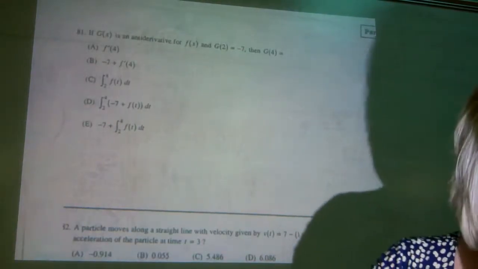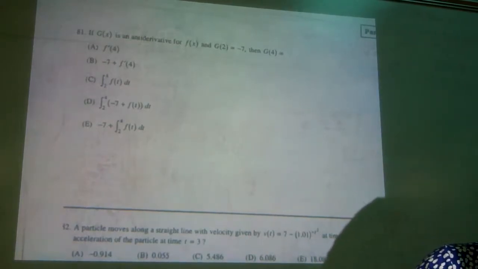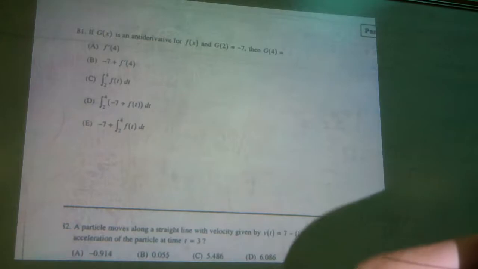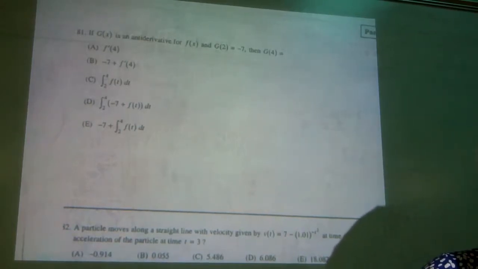Okay, so let's see. You're in a position, acceleration, velocity one. All right, so let's see. 81 says if g of x is an antiderivative for f of x, and g of 2 is -7, then g of 4 would be what? All right, so that means that to get g, you have to integrate f.